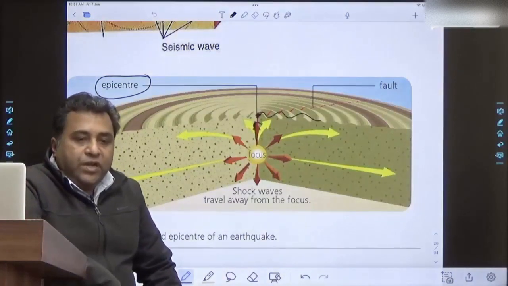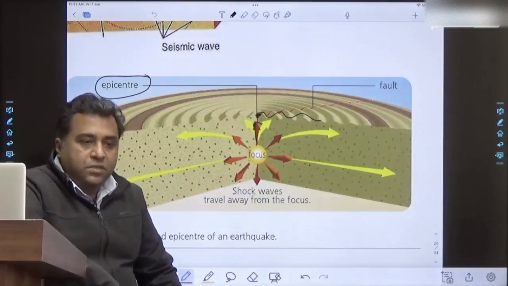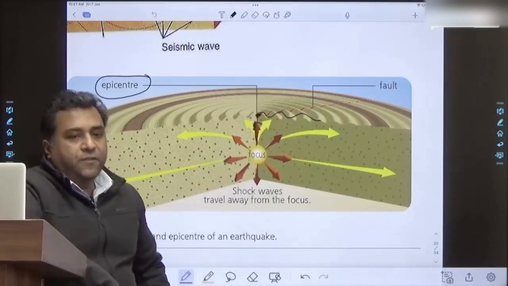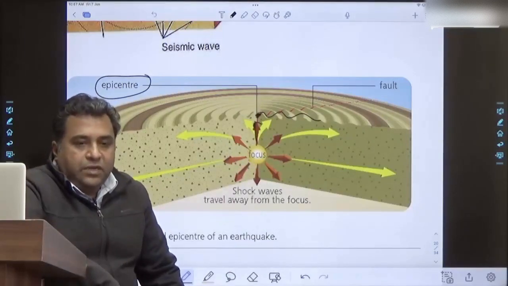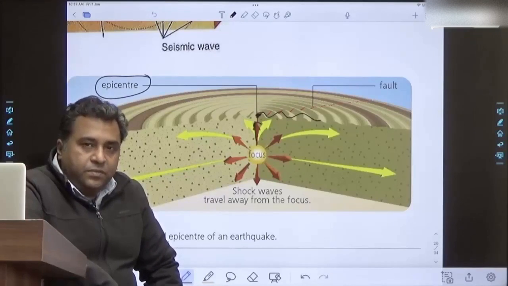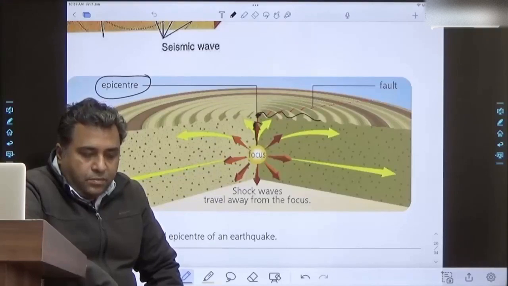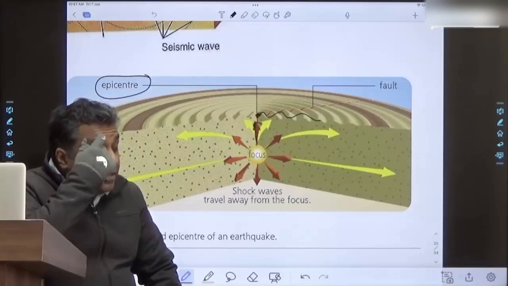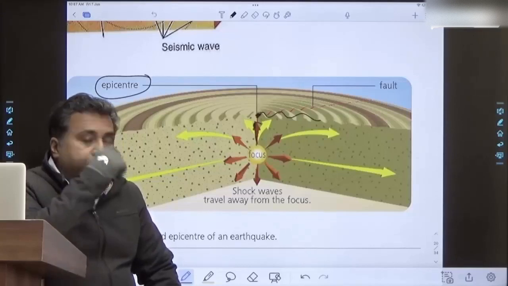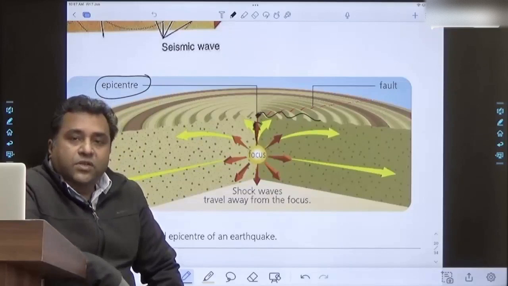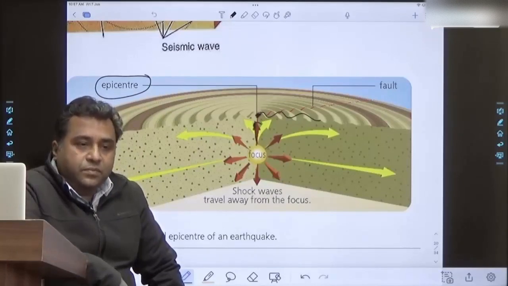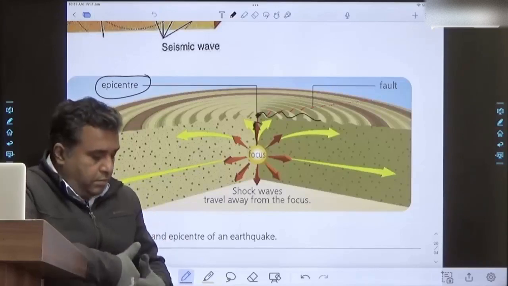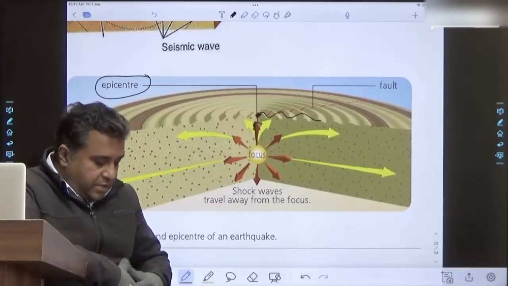Also, this is stored at the region known as focus or hypocenter, H-Y-P-O, hypocenter, in Earth's interior.